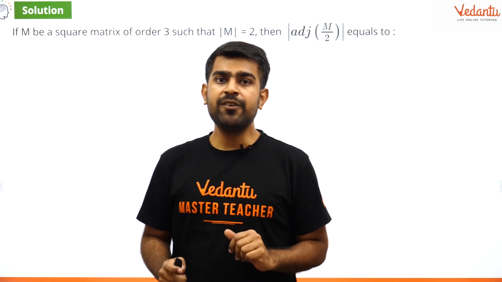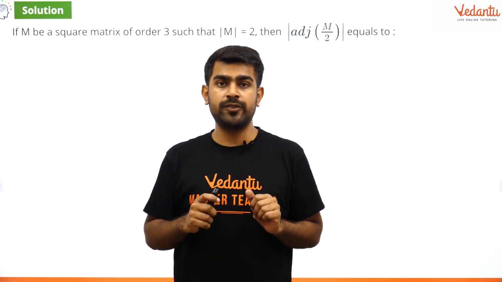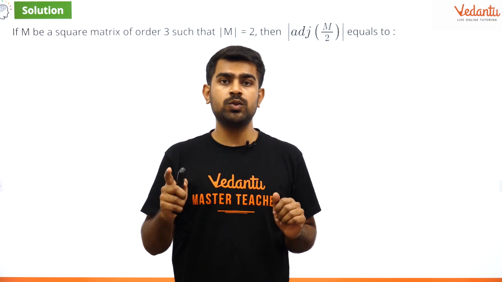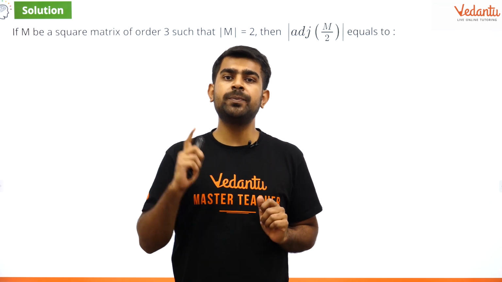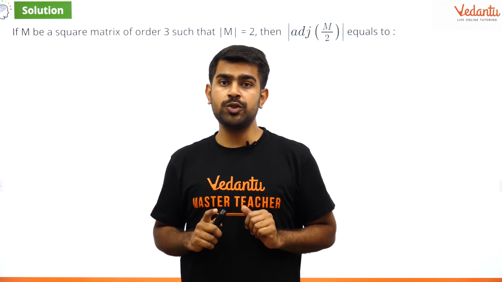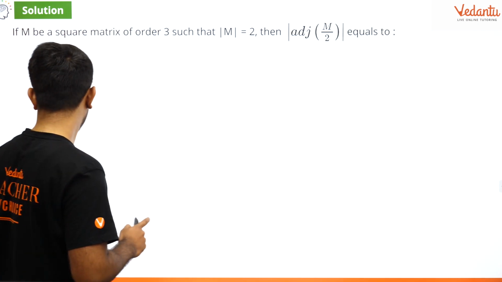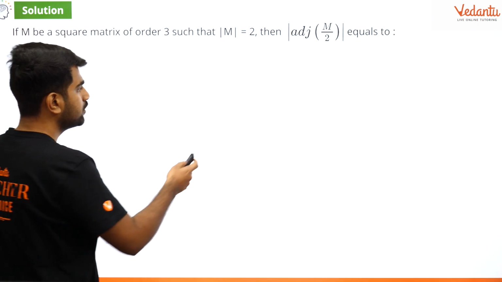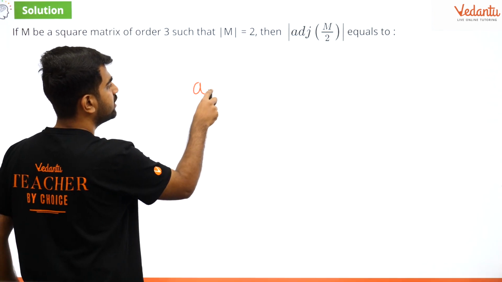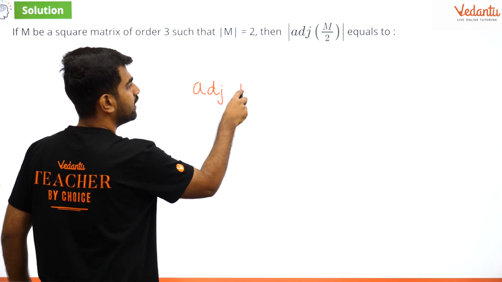So guys, whenever you are asked the determinant of adjoint of A, we know that that is equal to determinant of A raised to the power n minus 1. So I am going to use that property over here. Please watch carefully. We are asked the determinant of adjoint of M by 2.